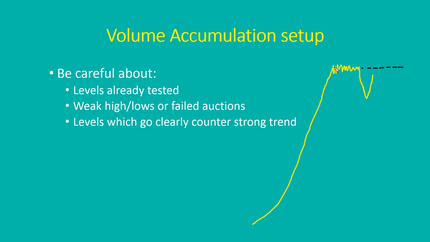Let's say that the heaviest volumes in this rotation are in here. Then it's very risky to enter short in here because it's counter to a strong trend, and especially if there is a weak high like this one. This would be extremely risky to go short from.